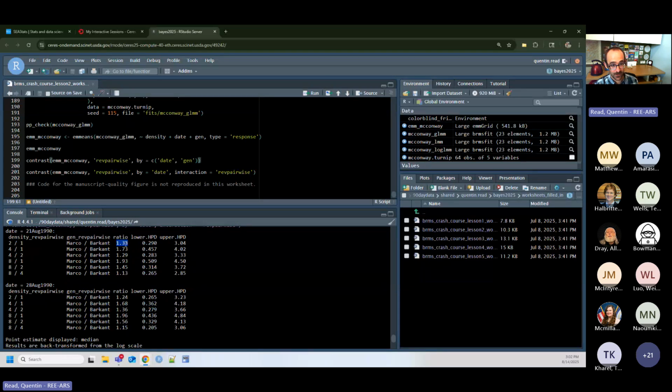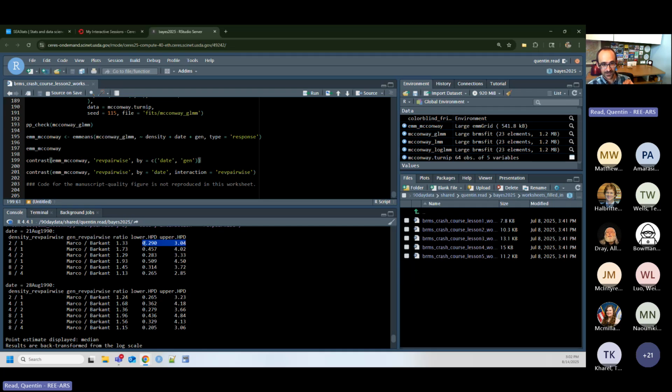The ratio is pretty close to 1. Our posterior distribution credible interval has a lot of probability mass on either side of 1. It goes from 0.3 to 3. So our most probable estimate is right near 1, and there's substantial probability on either side of that. To a Bayesian, that would not constitute adequate reasoning to say that there's not a difference.